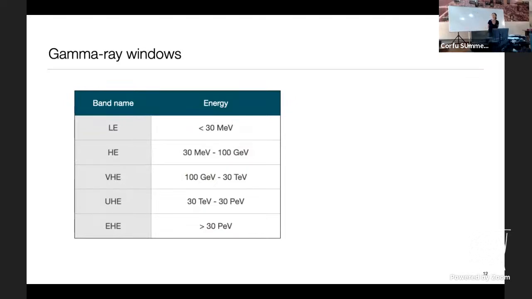how do we study, how do we collect these photons. So the first important thing is to create categories, bands, because as we said before, we have a huge part of the electromagnetic spectrum covered by these gamma rays.